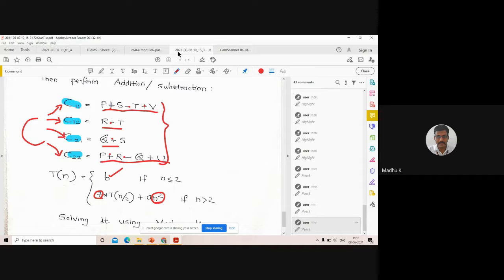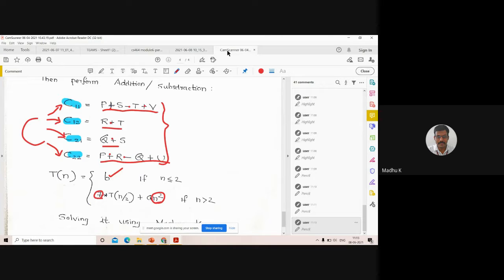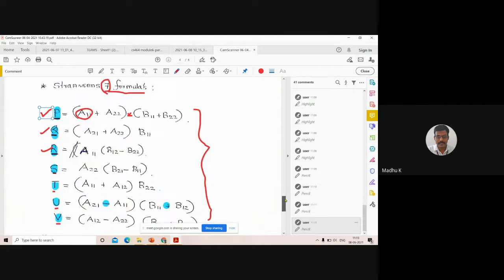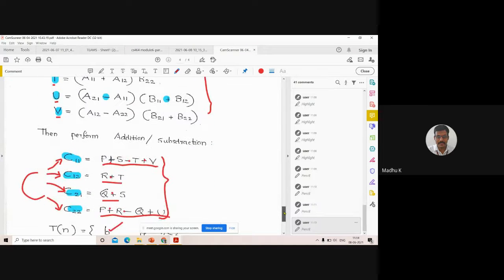So the method is simple. You should study these formulas. If the formulas are wrong, then you will not get the answer. So you should study them well for the exam also. Else the answer will be wrong. So this is about Strassen's matrix multiplication.